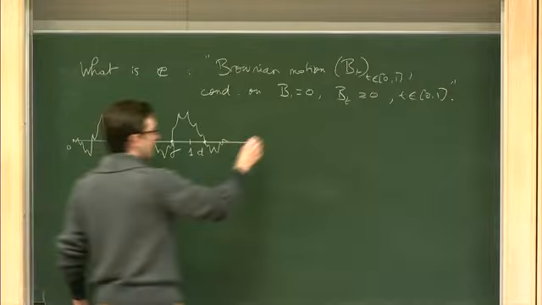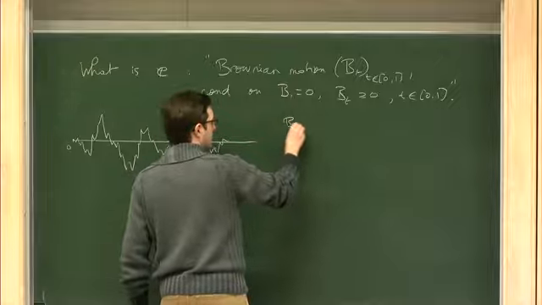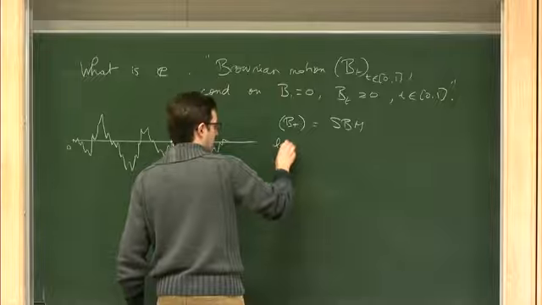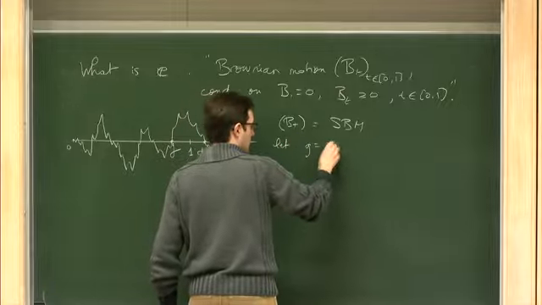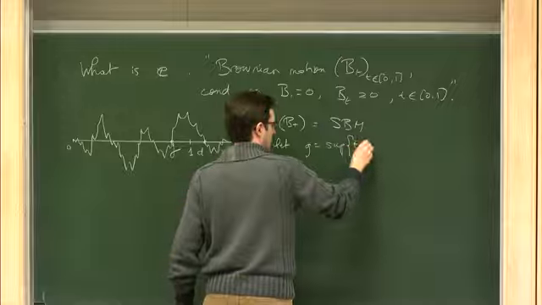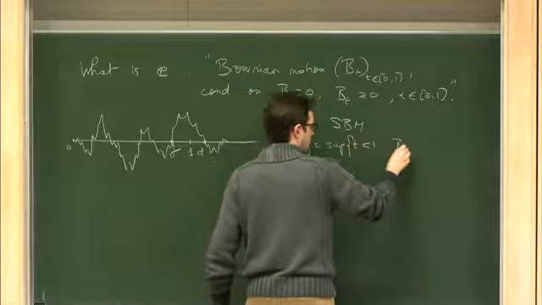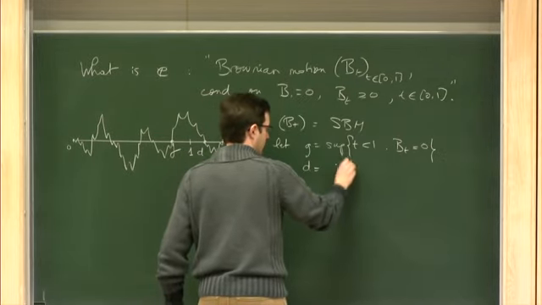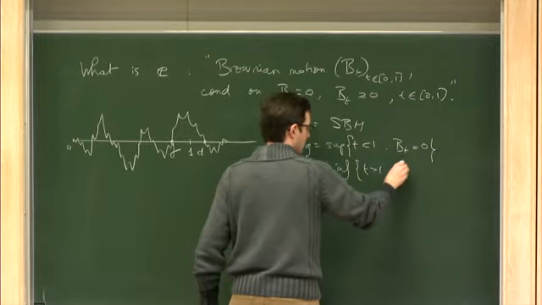So Bt is a standard Brownian motion, and let G be the supremum time less than 1 such that Bt is equal to 0, and D is the first time after 1 where Bt is equal to 0.